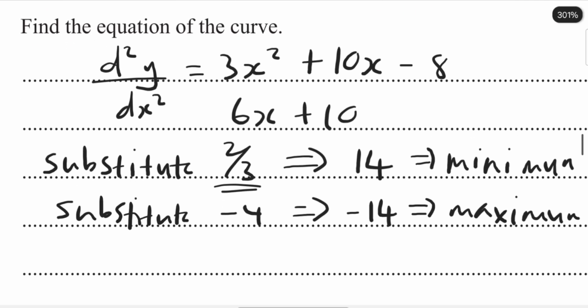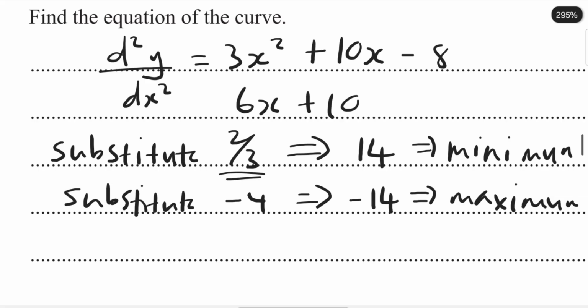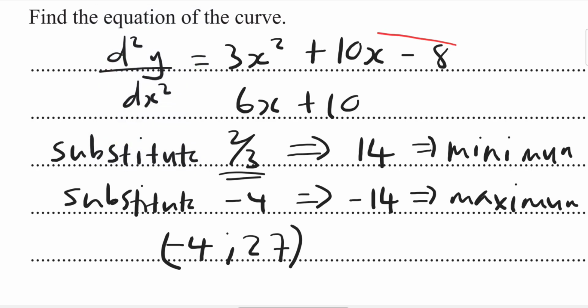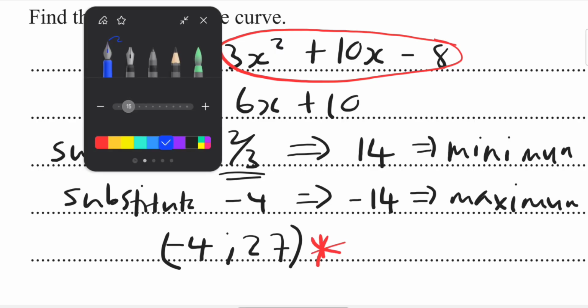So from here we now know that the coordinate of the maximum point is (minus 4, 27), right? So with this we are going to integrate dy/dx and use this point to find the equation, right?